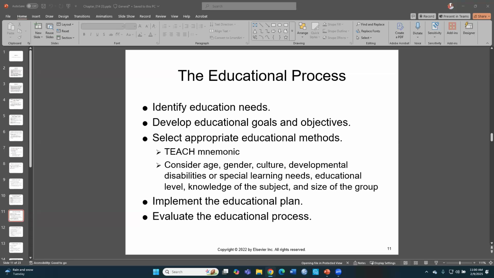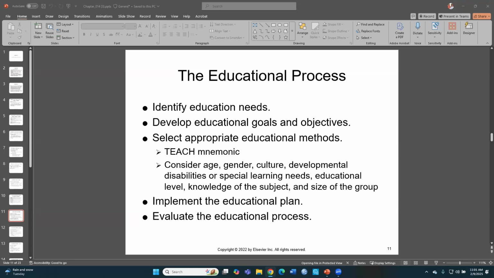The method should also be appropriately matched to the strengths and needs of the client as well as the presenter. So we want to choose the simplest, the clearest, the most succinct manner of presentation. We don't want a whole lot of complex things that they don't need to have.